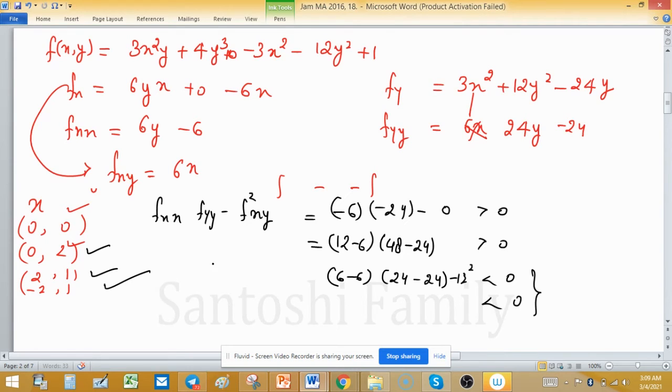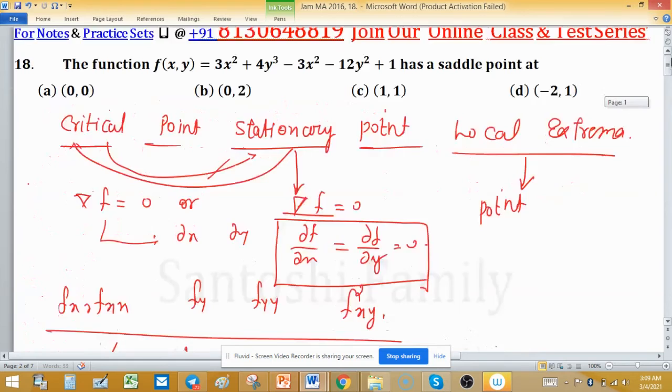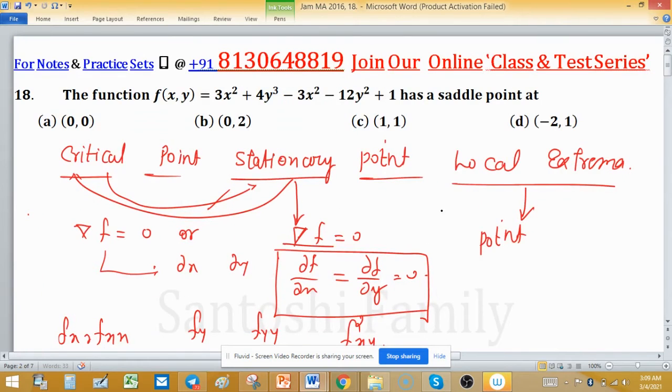So 2 1 and minus 2 1 are saddle points, but the given option is only minus 2 1, so option D will be the right choice.